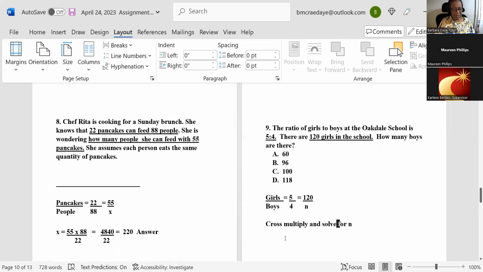So N equals 120 times 4 divided by 5, and we get exactly what you got, 96.